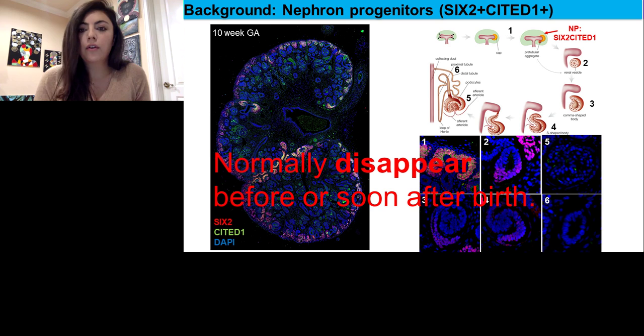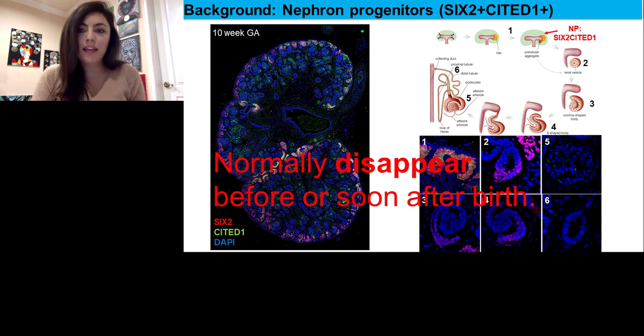And we could see that over time, initially, around the cap mesenchyme, they have strong expression of SIX2 and CITED1, but once they make the developing structures such as the renal vesicle, C-shaped, and comma-shaped body, they begin to lose the expression of CITED1 and SIX2, and once they make the full mature nephron, they do not have the expression of these markers. So in normal development, nephron progenitors should disappear before or soon after birth.